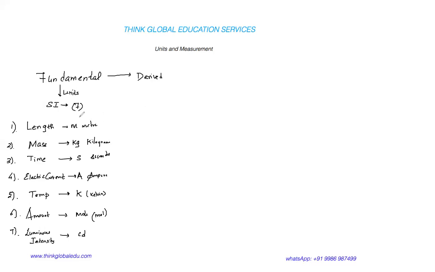Now, how can we define 1 meter? If the length of an object is 1 meter, how can we define 1 meter?